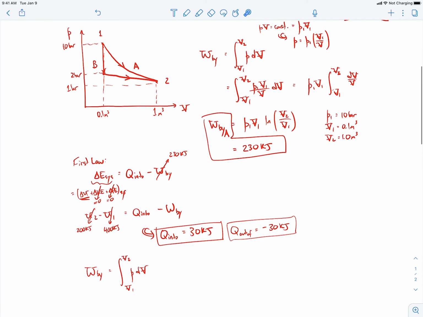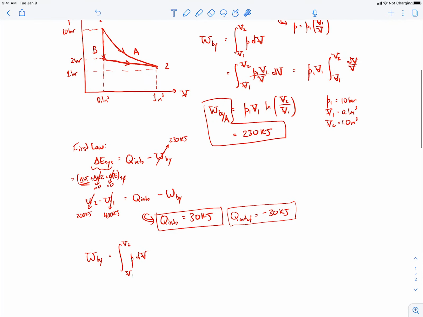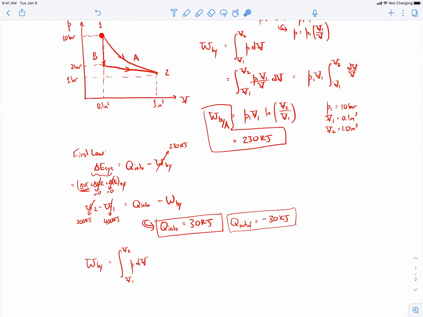Up here, for path A, we knew PV is equal to a constant, but here the pressure varies differently. First of all, as we go from 1 to, let's call this point 1 prime, the volume remains constant. So there is no PDV work here because the change in volume would be 0. So really, the only PDV work being done is from 1 prime to 2.